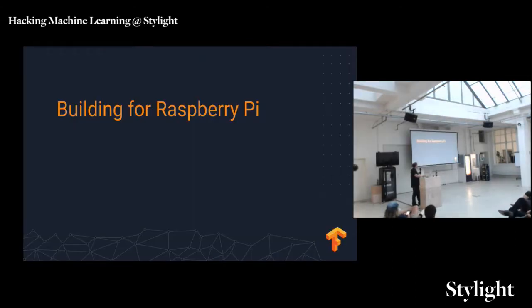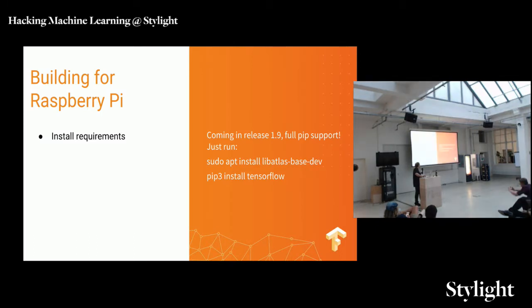And one of my personal favorites, doing things for the Raspberry Pi. While I was over in Europe a couple of days ago, I got to meet with the Raspberry Pi team, and we haven't been talking about this very much, but we're hoping in release 1.9 to offer full pip support for installing TensorFlow on Raspberry Pis. 1.9 hasn't come out of release candidate yet, so this isn't up on the tensorflow.org website, so you're getting a sneak peek.